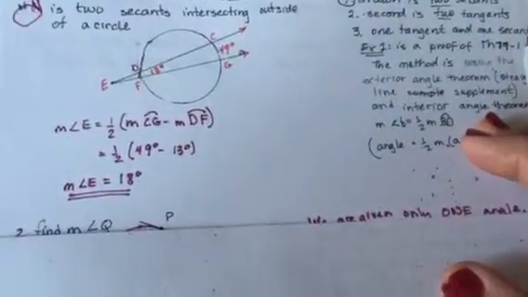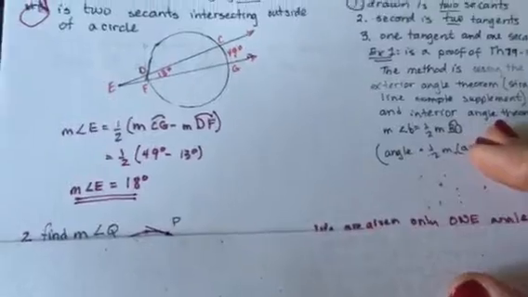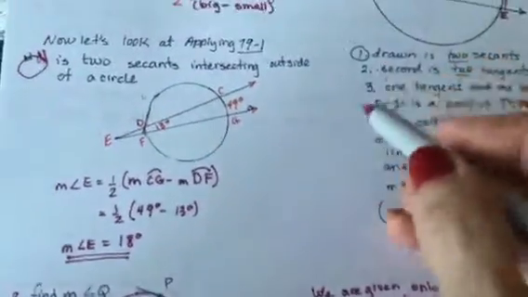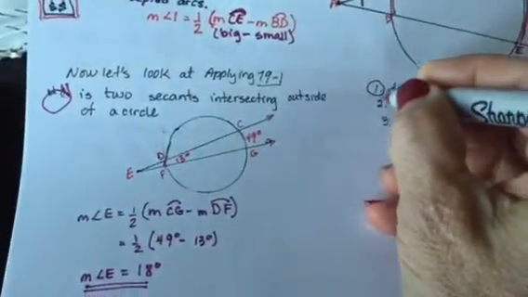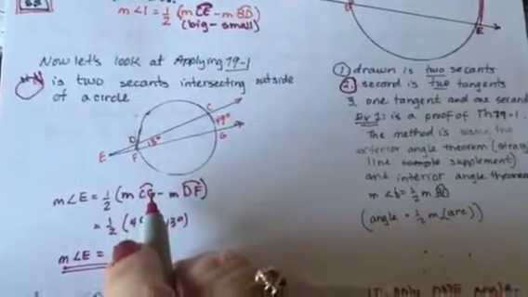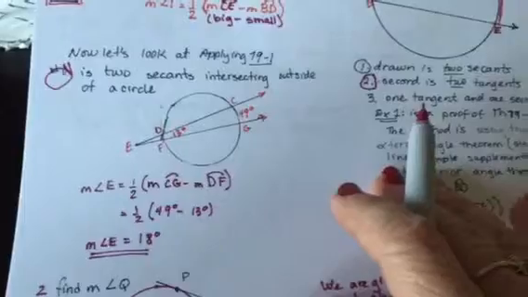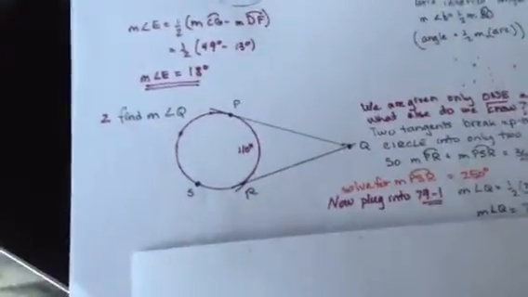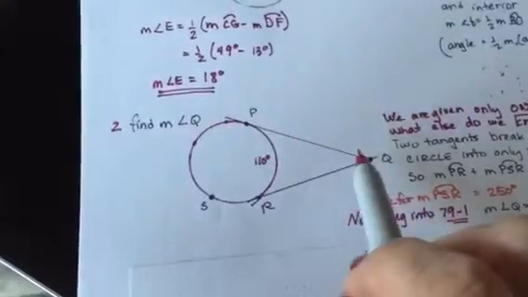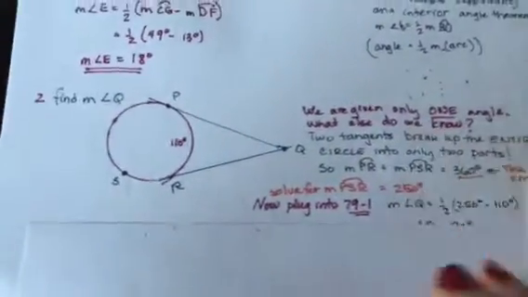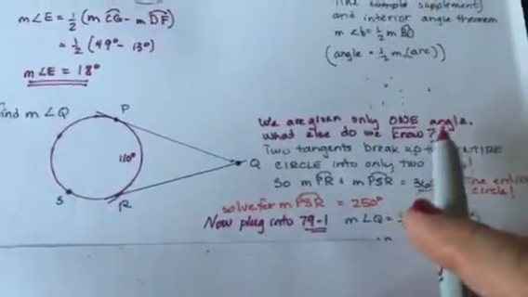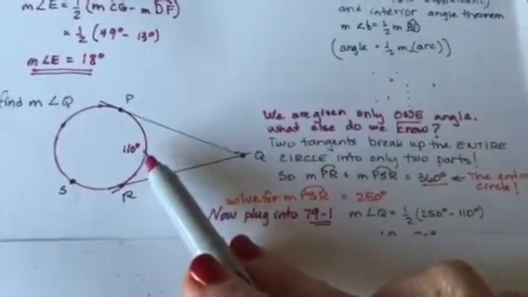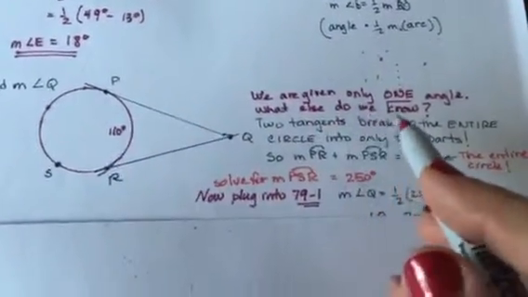The second example, 2B, asks us to find the measure of an exterior angle that is formed by 2 tangents. Drawn here are 2 tangents. We are to find the measure of angle Q. We are given only one measure, 110 degrees for the arc. What else do we know?